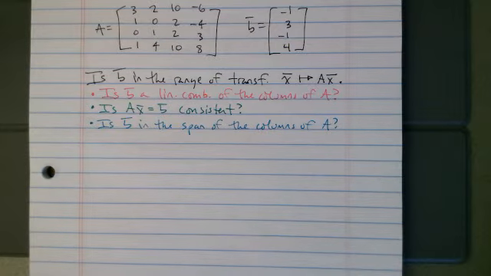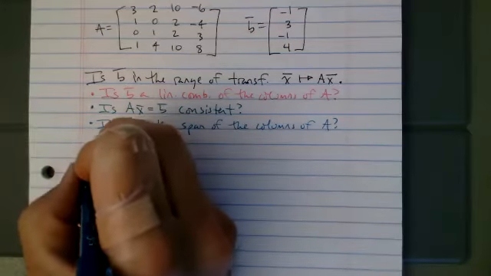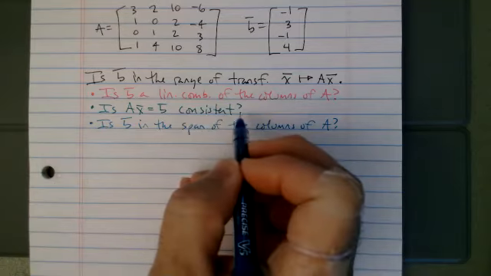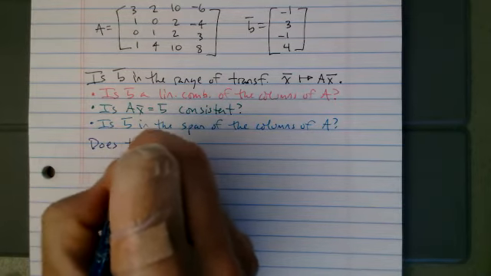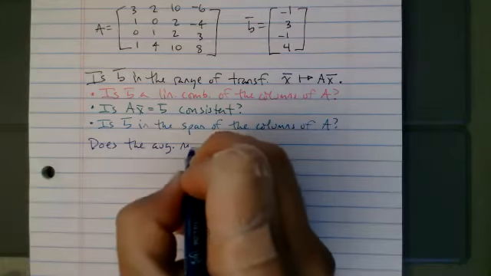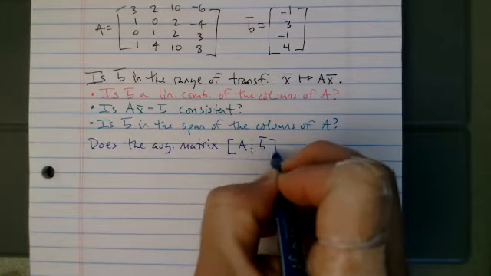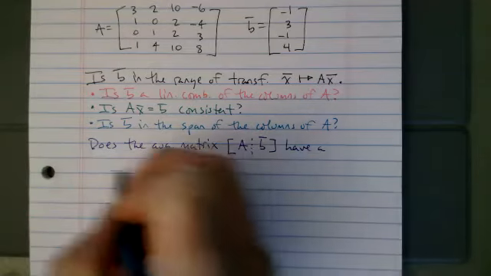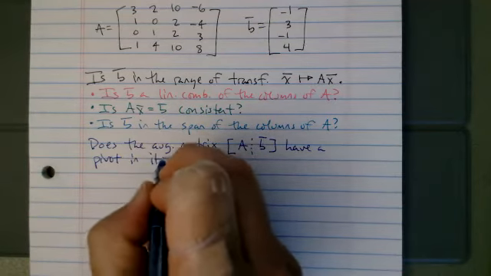The one that we want to focus on is that equation one, because this equation will lead us to an augmented matrix. Since we want a consistent equation, does the augmented matrix A, B have a pivot in its rightmost column?